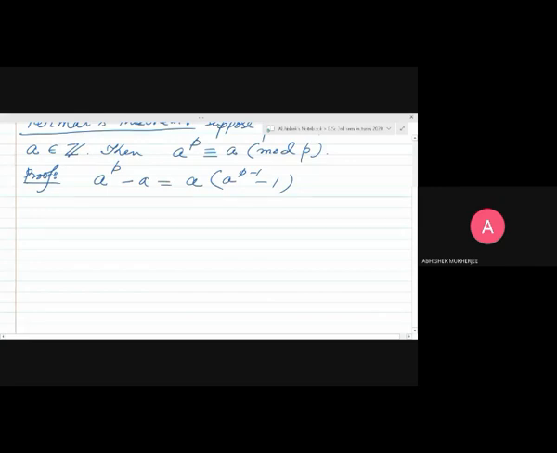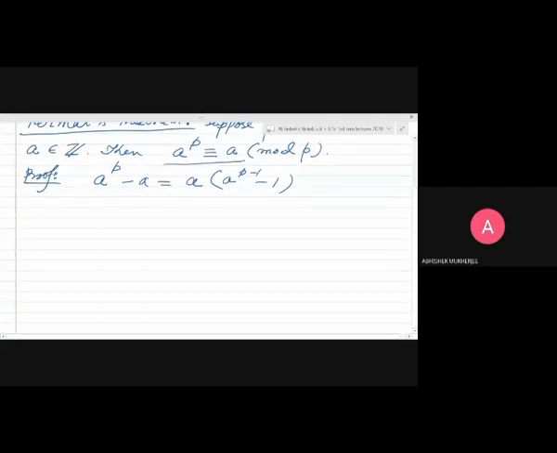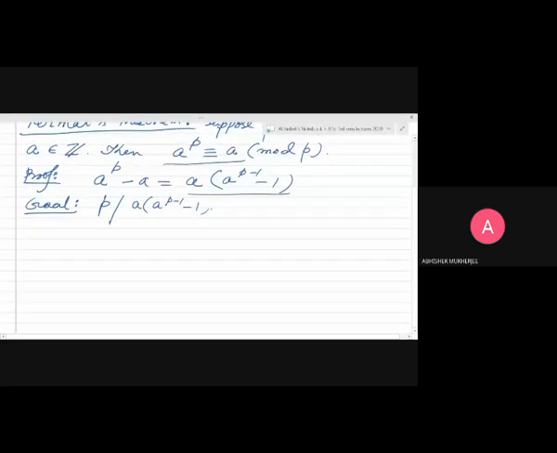So to show that a to the power p is congruent to a modulo p, your aim is to show that p divides a to the power p minus a. That means p divides this one. So our goal is p divides a to the power p minus 1 minus 1.